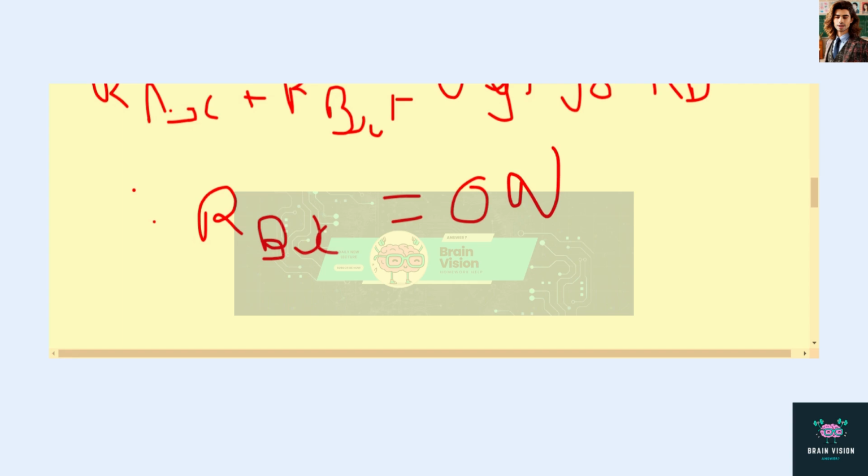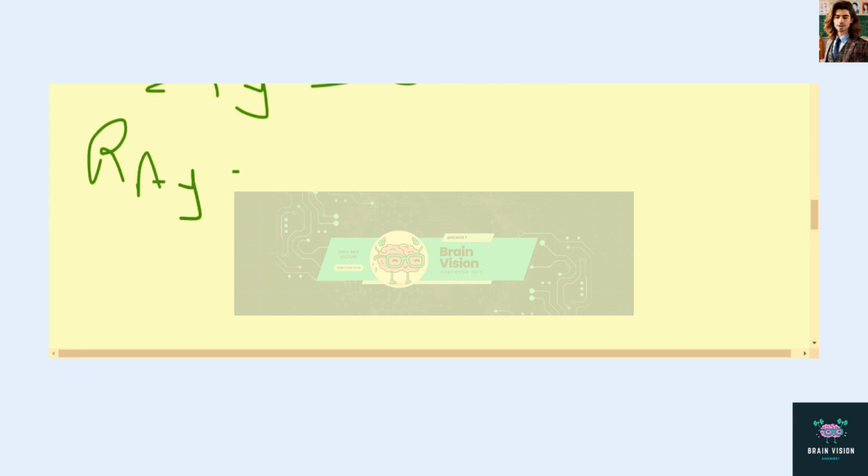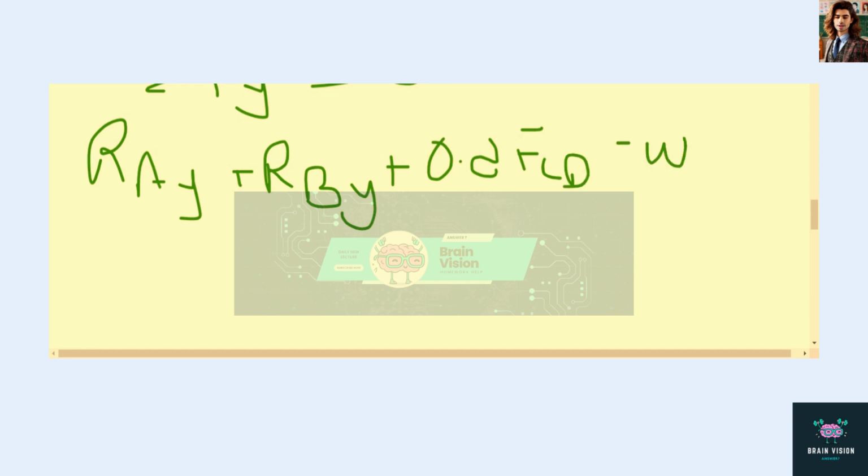Similarly, let's compare all the forces in the y direction, sigma Fy, to the 0. So from this we can get RAY plus RBY plus 0.2 FCD minus W is equal to 0.